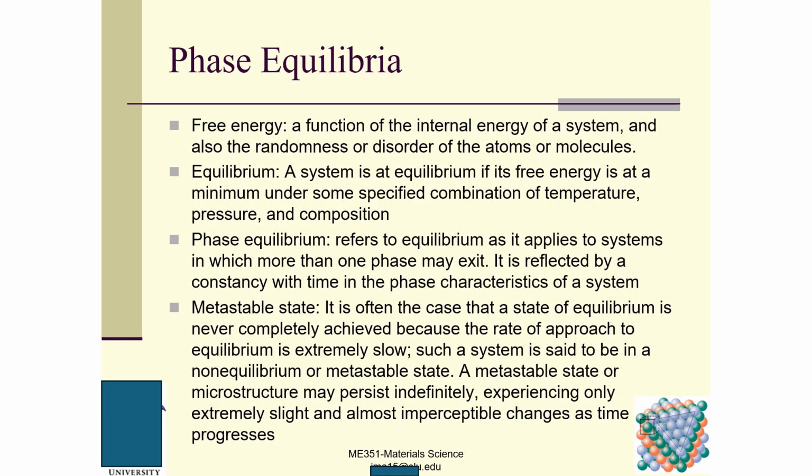A metastable state or microstructure may persist indefinitely, experiencing only extremely slight and almost imperceptible changes as time progresses. And I want you guys to know these are commonly seen concepts; understand what they are talking about.